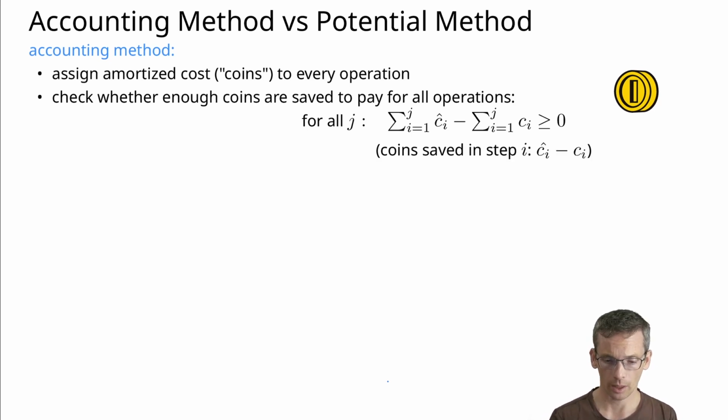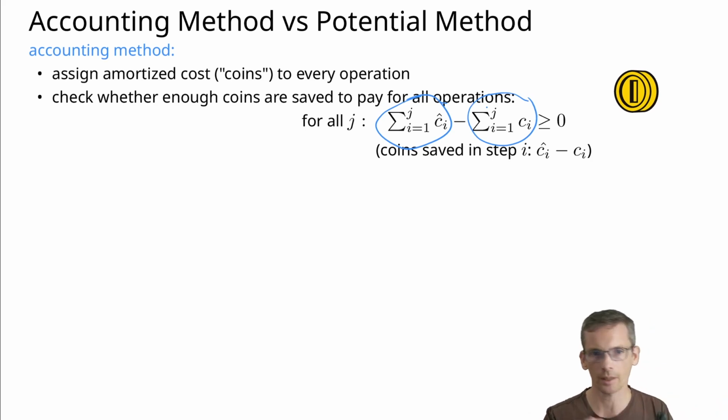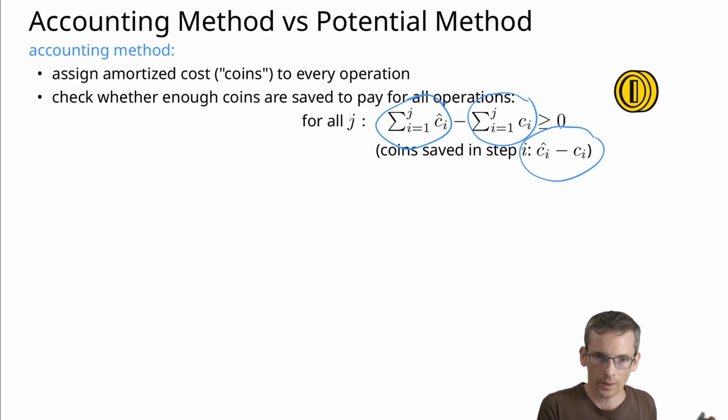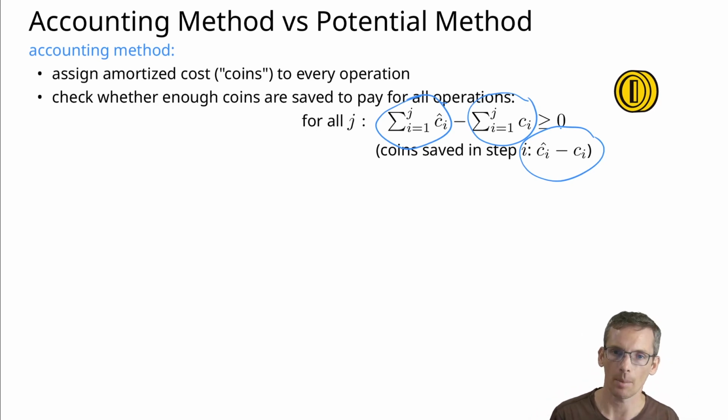We wanted to guarantee that at all times the sum of amortized costs is larger than the sum of the actual costs, or that the sum of amortized costs minus the sum of actual costs is non-negative. How do we get to the sum? The coins that we save in step i are ci hat, the amortized cost of step i, minus ci, the actual cost of step i.